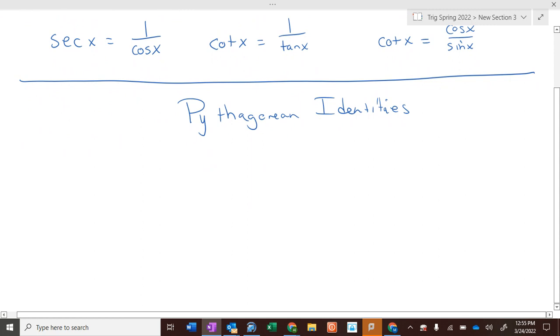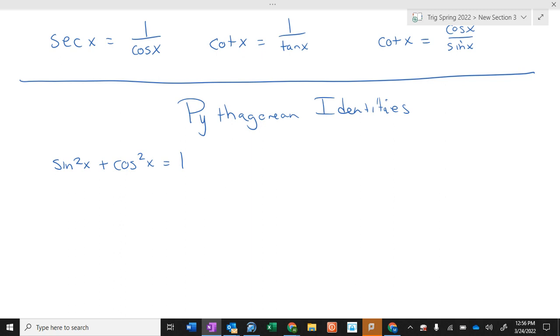So the first of the 3 Pythagorean identities is this. Sine squared of x plus cosine squared of x equals 1. Sine squared of x plus cosine squared of x equals 1.